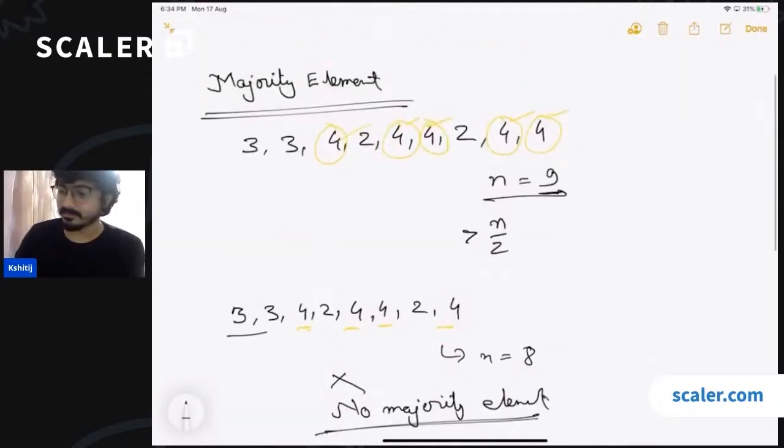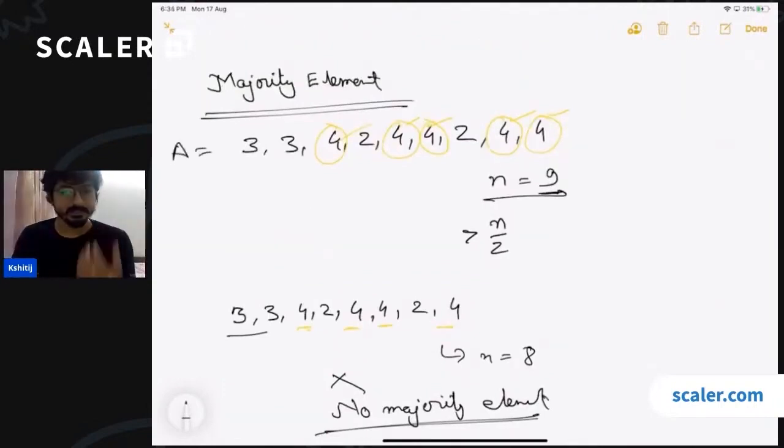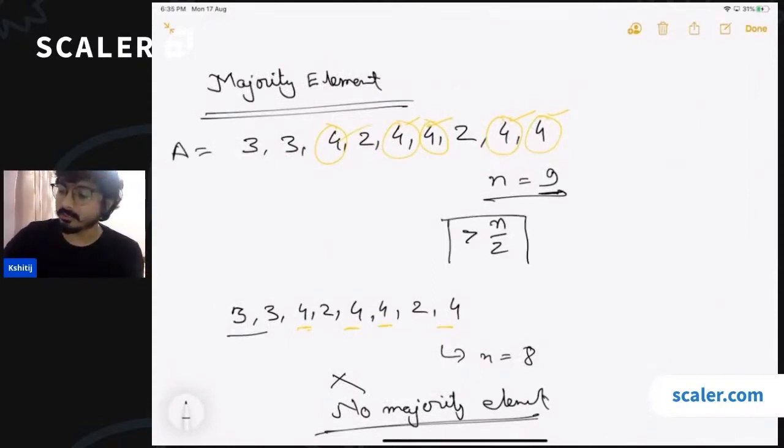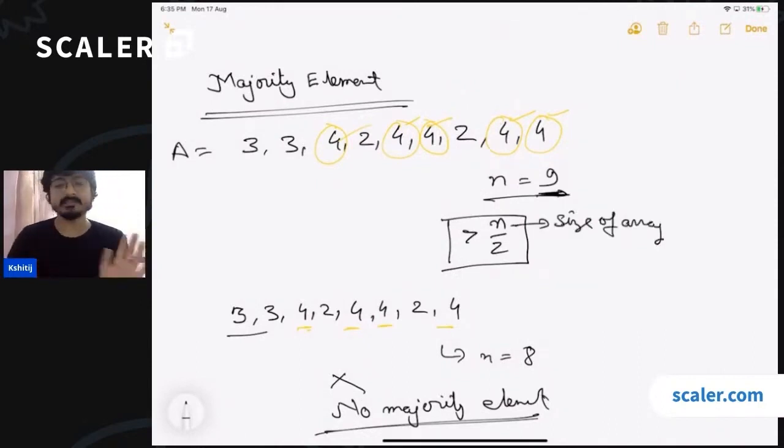The majority element is an element which occurs more than n by 2 times, where n is the size of the array. So if the array size is 9, the element has to be there at least 5 times.